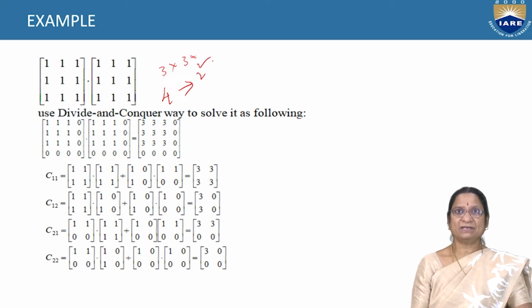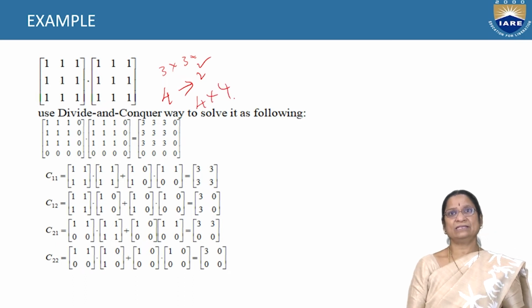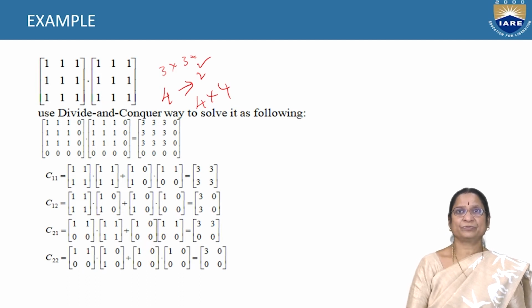That means instead of a 3 by 3 matrix, I should have a 4 by 4 matrix. Then only the division can be done properly as a square matrix division of size 2 by 2 or whatever.